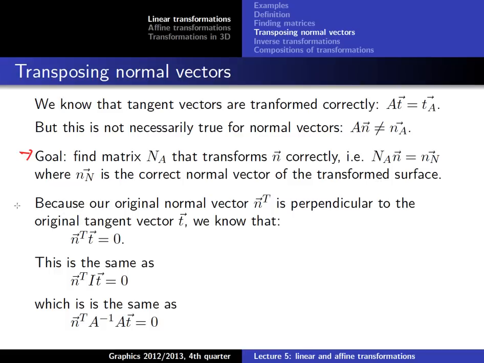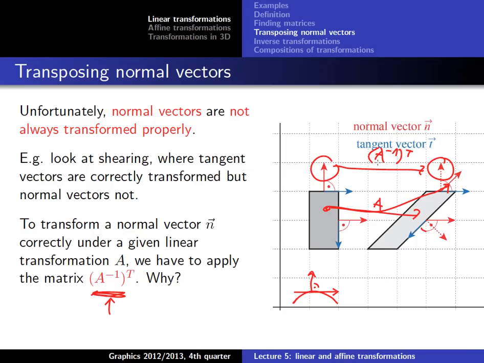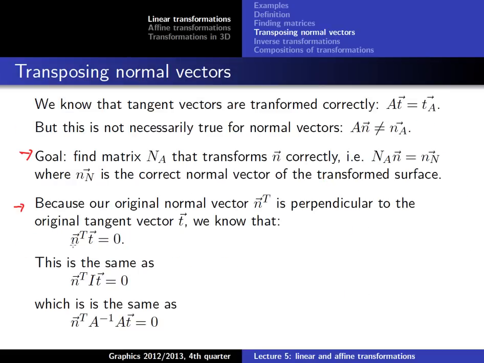now we know that the original normal vector n is perpendicular to the tangent vector. So here, these two vectors, n and t, are perpendicular to each other, which means that the scalar product, if we write it in this matrix form, n transpose times t must be 0. And now we do some arithmetic tricks, basically.